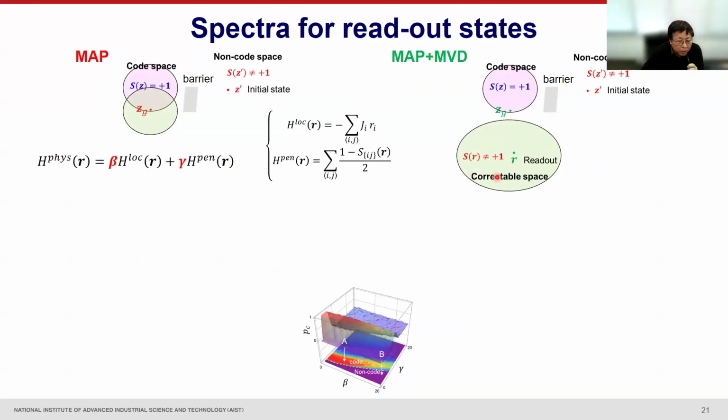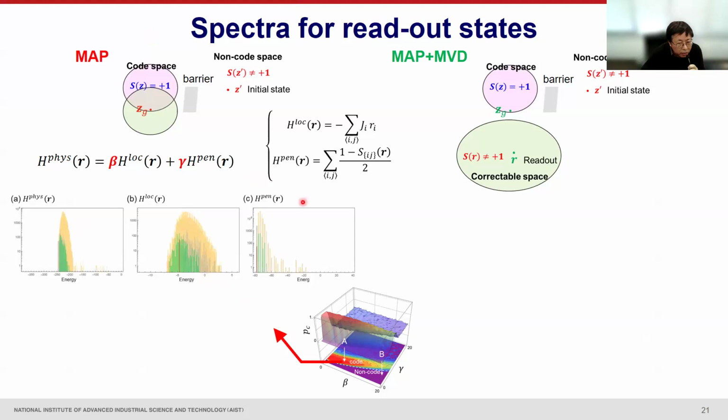We confirm this suggestion by investigating the spectrum of readout states that contributed to the correct inference. These figures show the spectra of the readout states and decoded logical states.